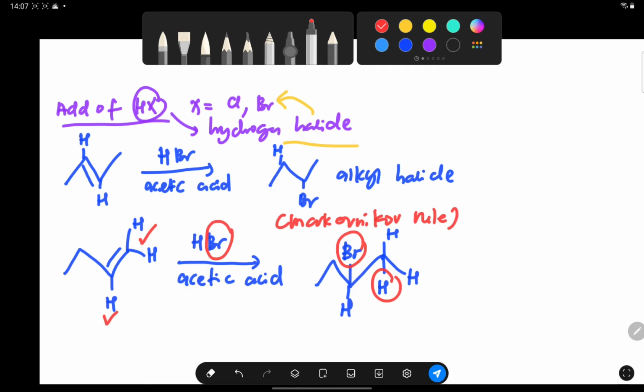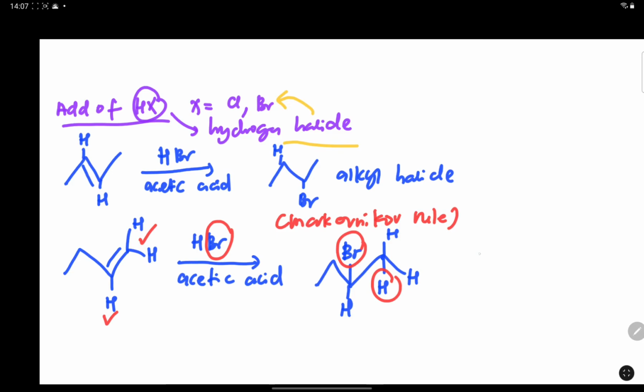And what if you see this rule we call the Anti-Markovnikov rule? What is the Anti-Markovnikov rule? The Anti-Markovnikov rule states oppositely, which means that hydrogen will add to the carbon that has less hydrogen, while halogen group will add to the carbon that has more hydrogen.